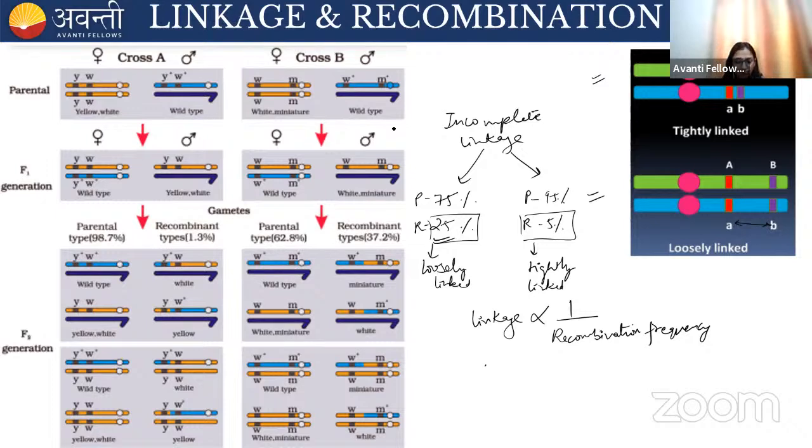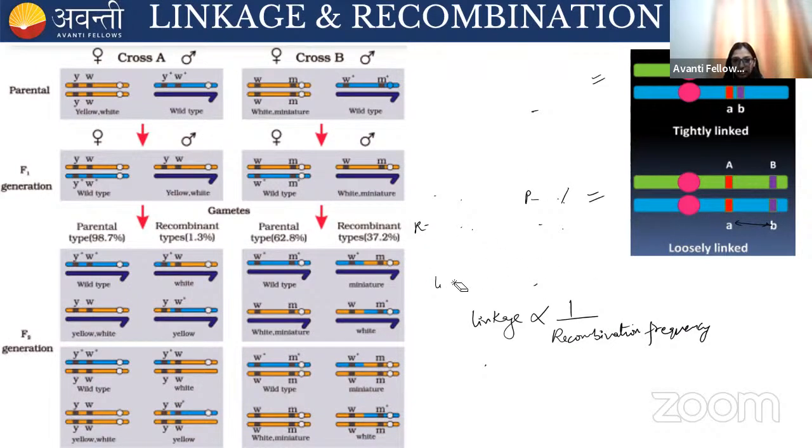So he performed the three crosses. See, the first cross was done between the body color and the eye color.